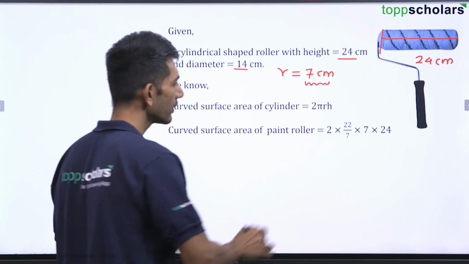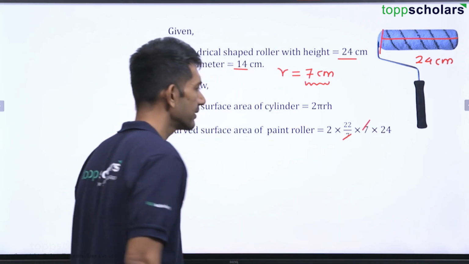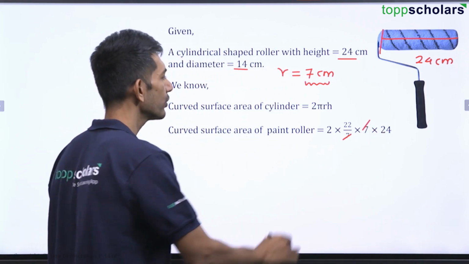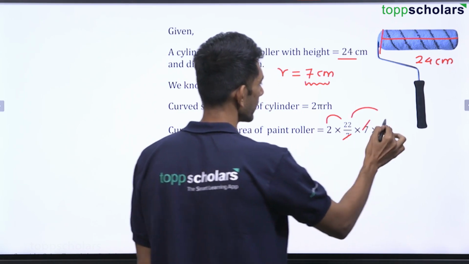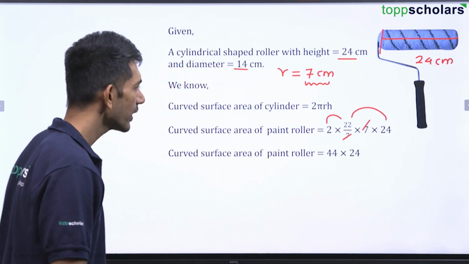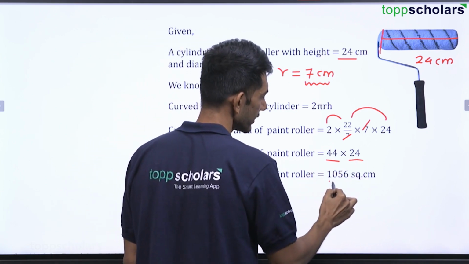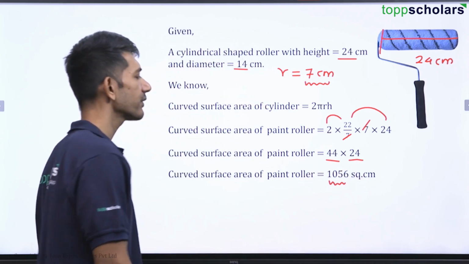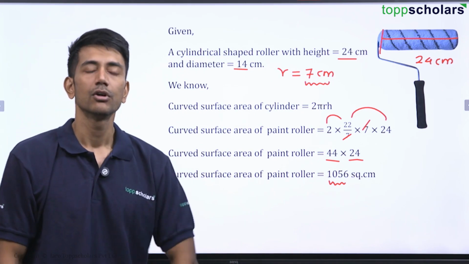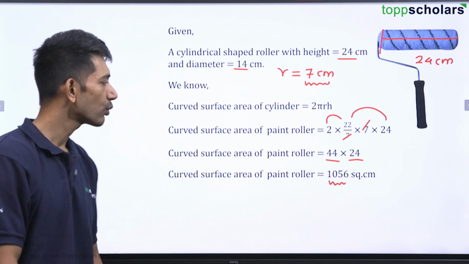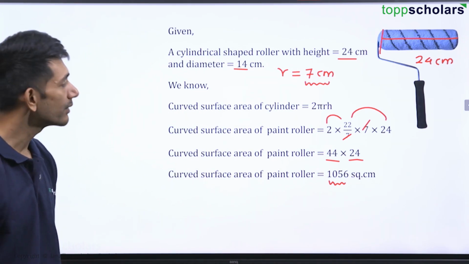You can solve this further. 7 and 7 get cancelled. You get 2 into 22 into 24. Correct? Solve that further to get 44 into 24, and 44 into 24 is nothing but 1056 square centimeters. So 1056 square centimeters is the curved surface area.